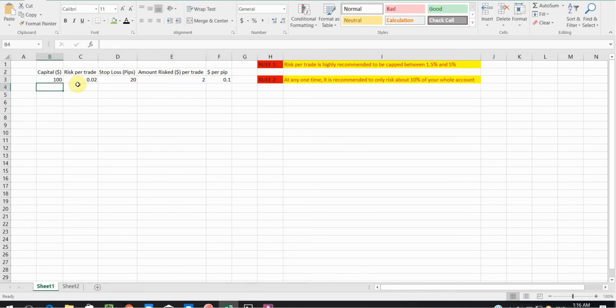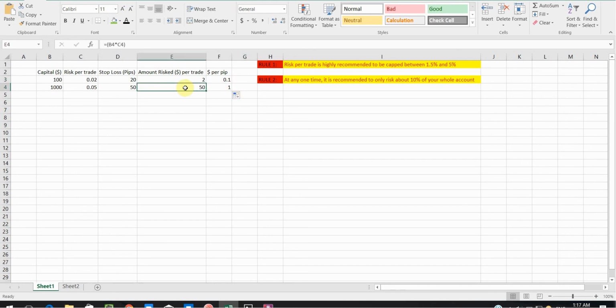So let's say we are doing $1,000 capital with a much higher risk appetite. I'll give you 5% per trade and a stop loss of 50. Maybe it's a long-term trade that we are doing for this setup. Then to get this, we just need to drag it down.